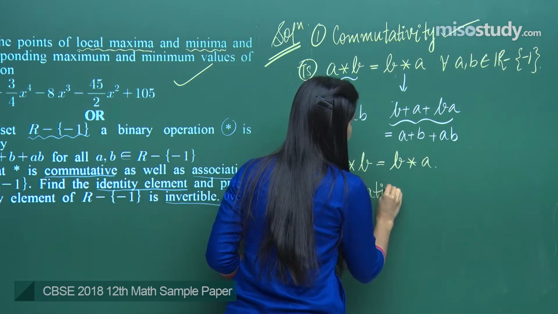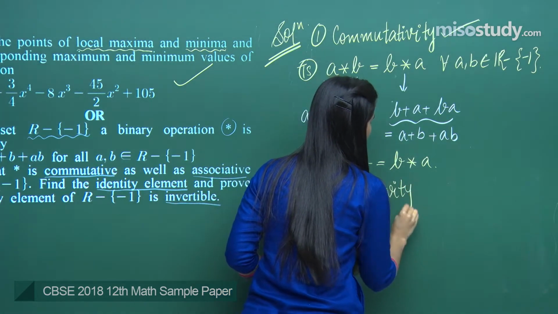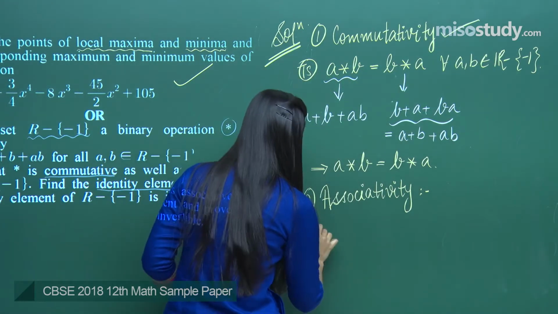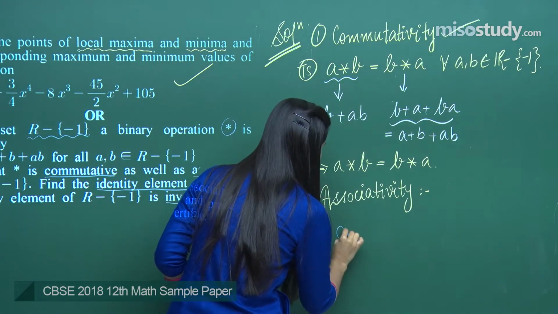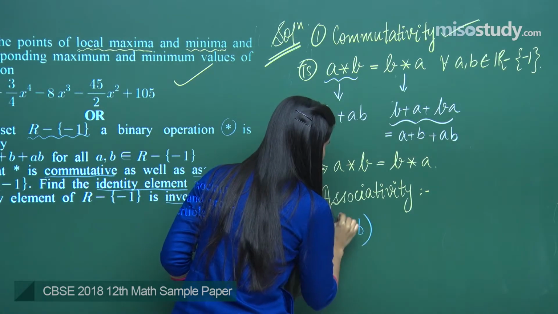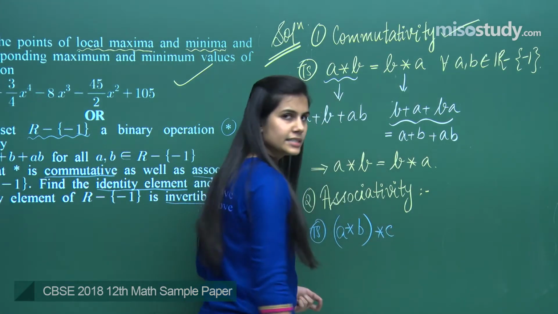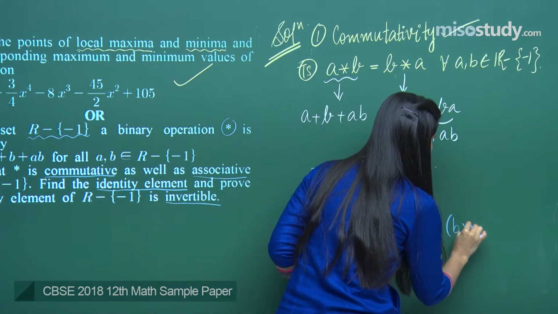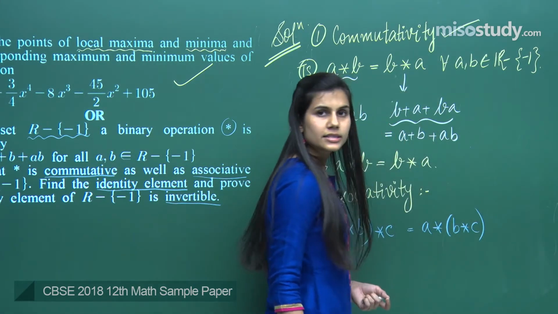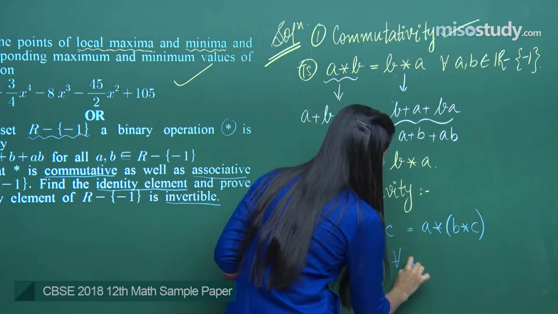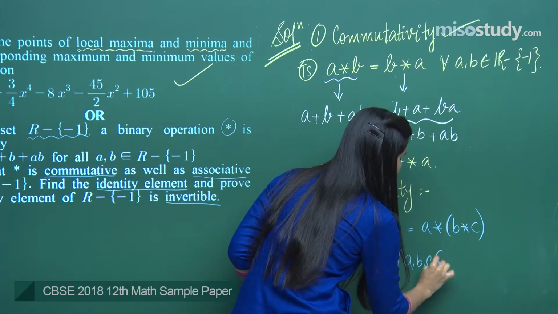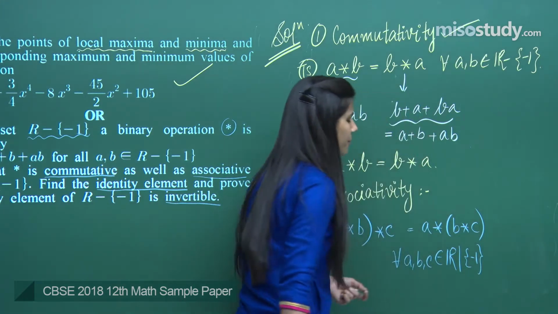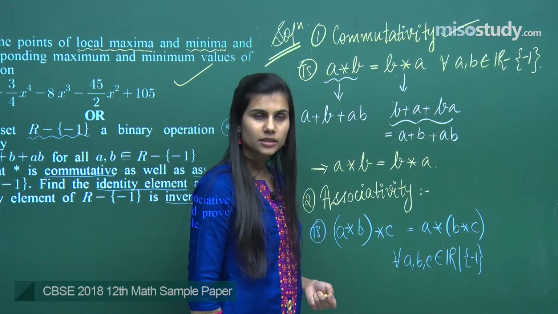Associativity. So what do we need to check in associativity? Basically, I have to show (A star B) star C is equal to A star (B star C) for all A, B, C belonging in the set R minus {-1}, isn't it?